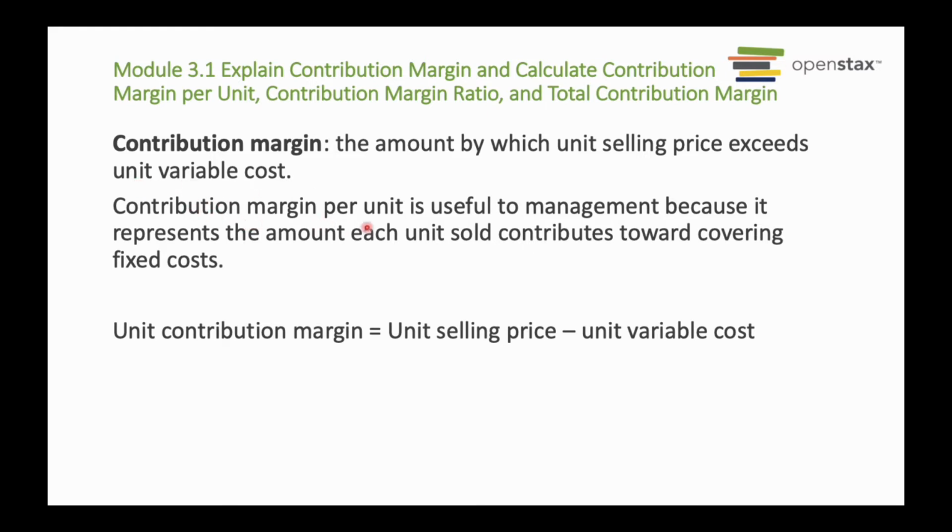Contribution margin per unit is useful to management because it represents the amount each unit sold contributes towards covering fixed costs. Unit contribution margin is equal to unit selling price minus unit variable cost.